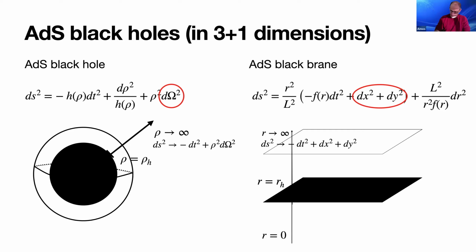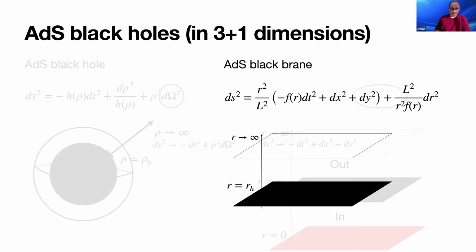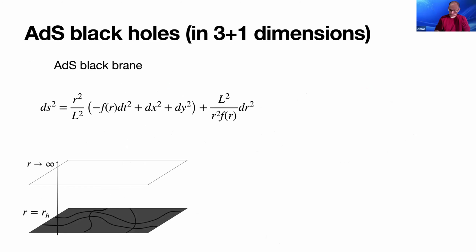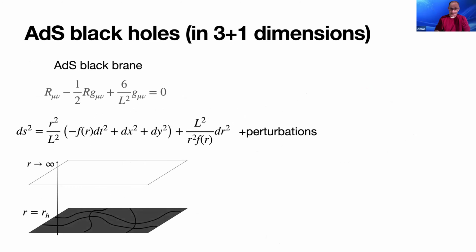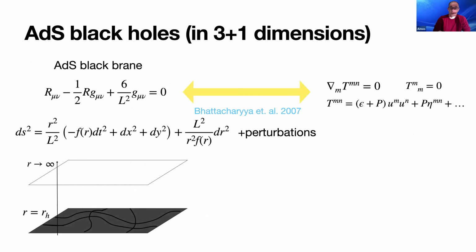The reason I'm looking at this is really because of this nice relation between a fluid description and gravity, which is best captured by the black brane. Now, if you take a spherical black hole, you can argue that it's going to be related to some fluid on a sphere.